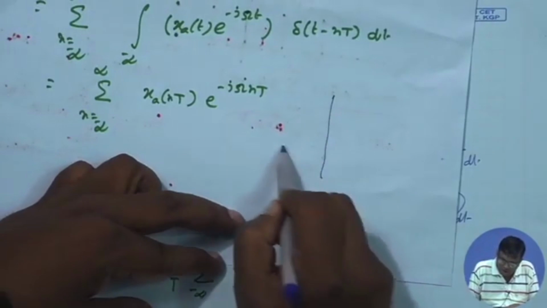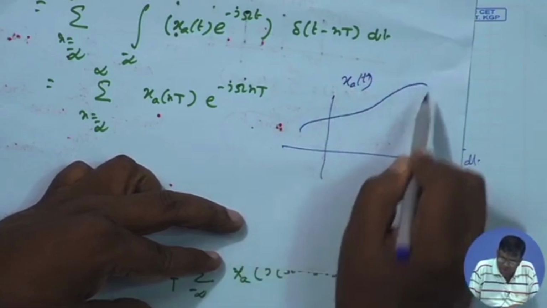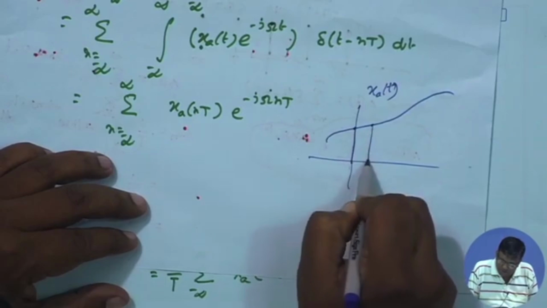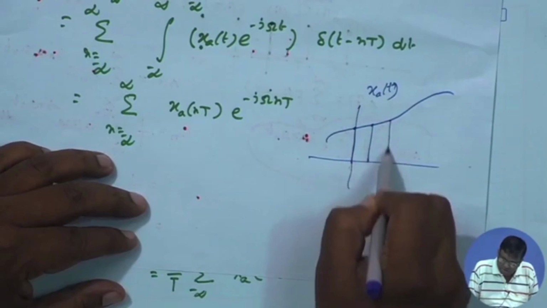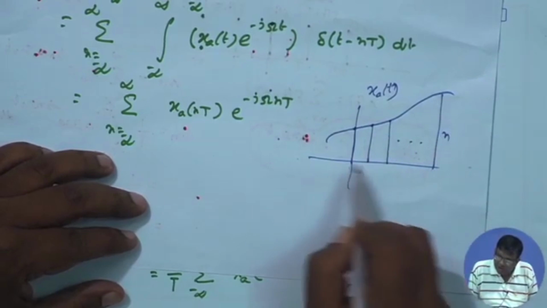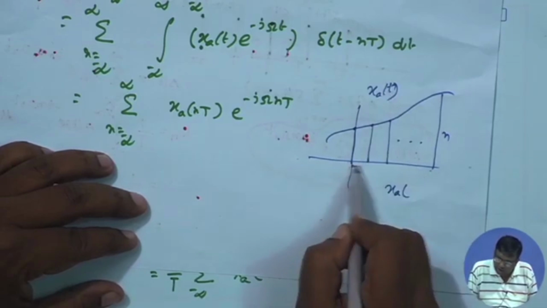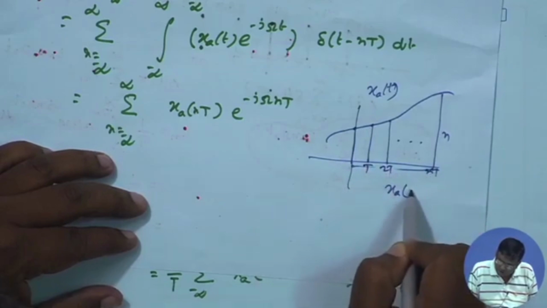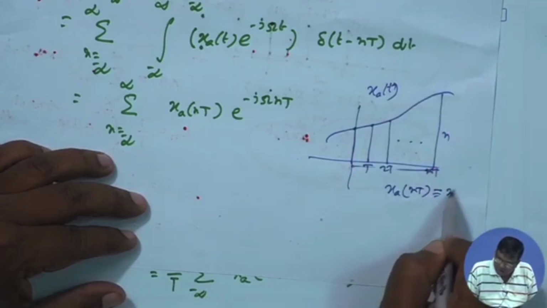If this is an analog function x_a(t), you take one sample, then at T another sample. The nth sample occurs at time point n into capital T, that is x_a(t) at t equal to nT, and this value I may call x[n], the nth sample.